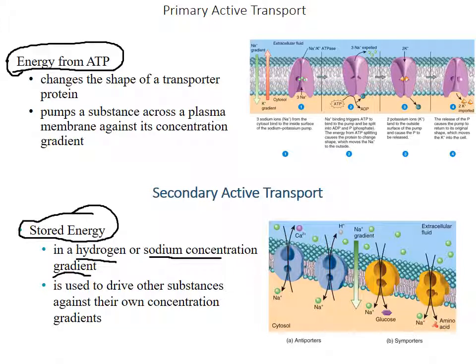You'll actually see the use of a proton gradient or a hydrogen gradient when we talk about cellular respiration to drive the process of ATP. So if you can just remember that primary active transport uses energy directly from available ATP, whereas secondary active transport uses energy that is stored in the form of a concentration gradient of hydrogen or sodium, then you'll be good to go with this topic.